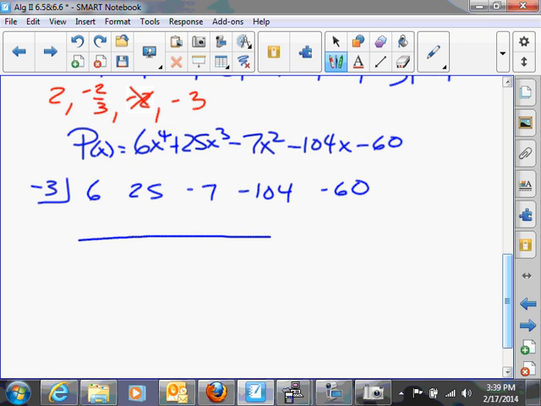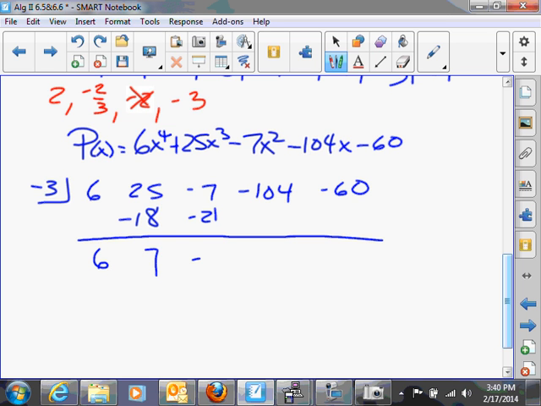All right, so now let's go ahead and do this. We bring the 6 down. 6 times -3 is -18. So what does that give us? That gives us 7, I believe. 25 plus -18 is 7. Times -3 is -21.